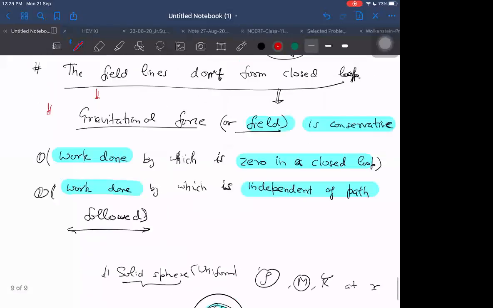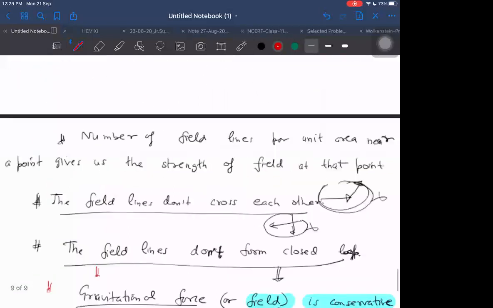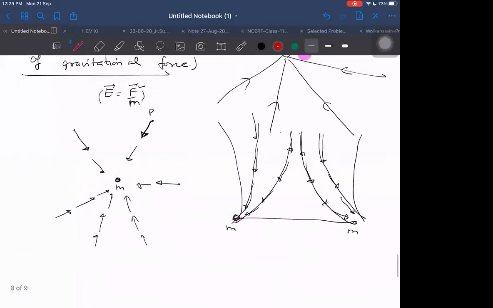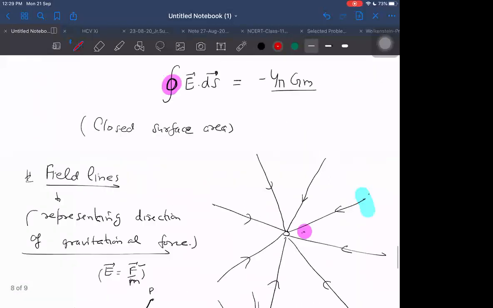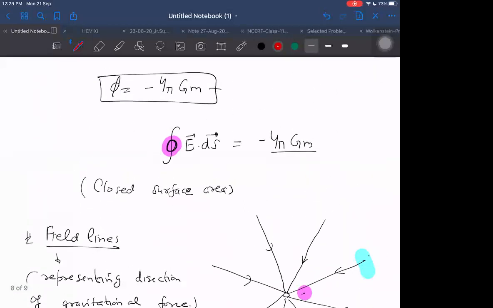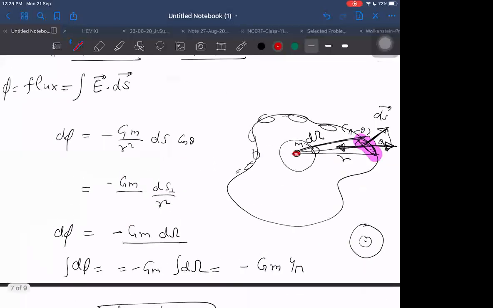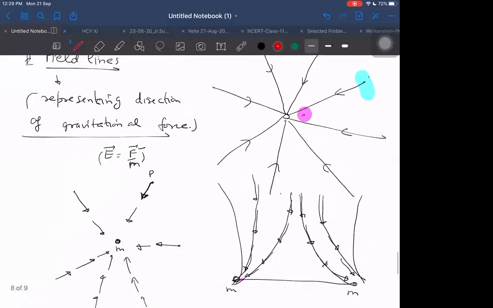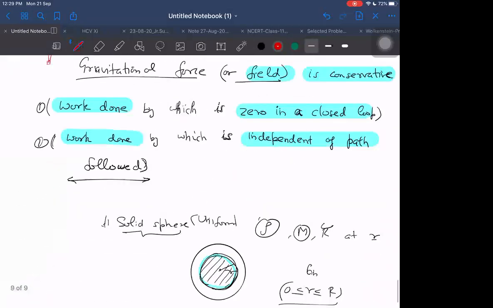I forgot to mention enclosed. I should have written here m enclosed, the mass enclosed in the closed surface. The diagram I made is correct only. This mass was enclosed within the closed surface, but I forgot to mention that it is m enclosed.